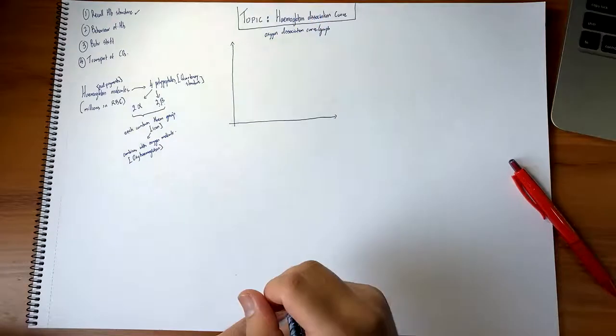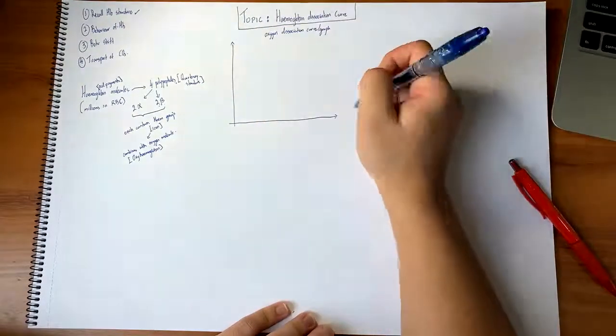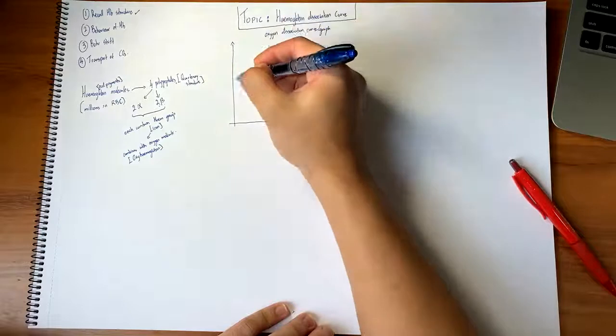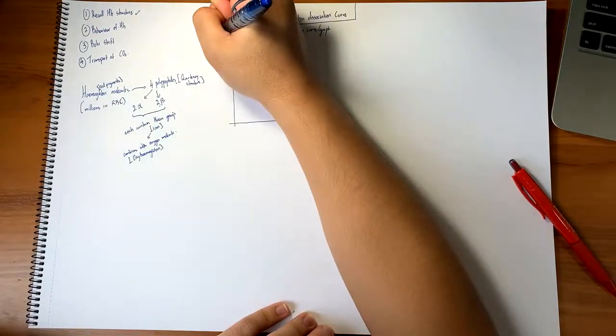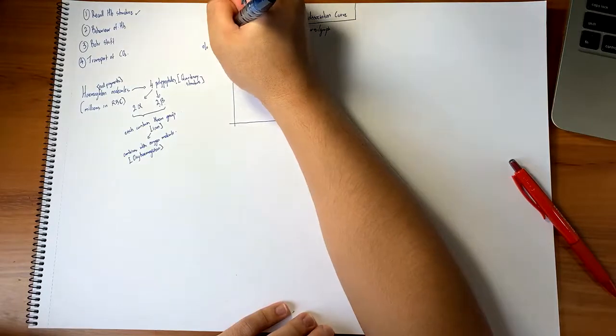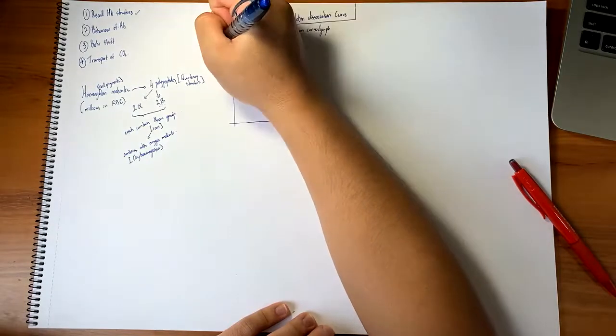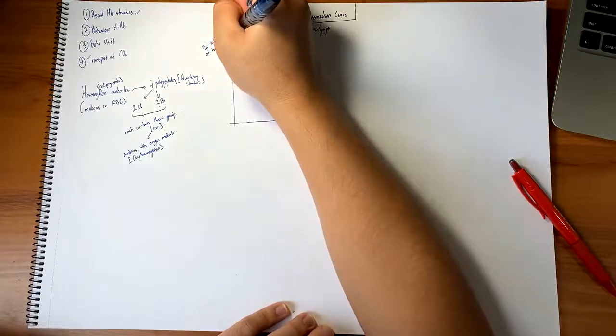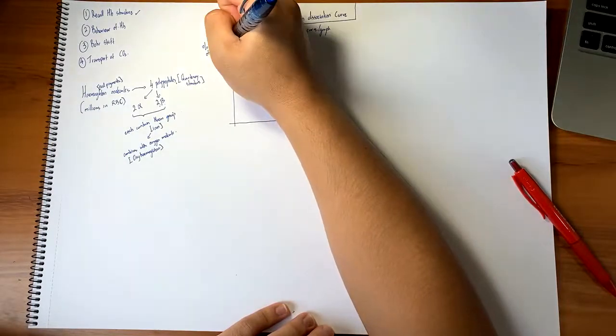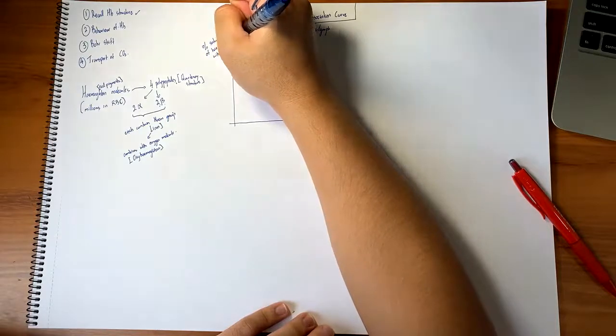Okay, and what it looks like is this. On the y-axis, you will have the percentage saturation of hemoglobin with oxygen.